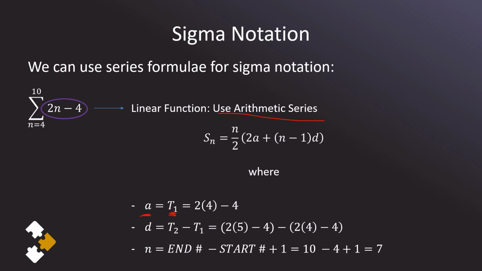You substitute 4 into the linear function. Then you find the common difference, and that is given by T2 - T1. So you have to sub in the next value to find what T2 is, then subtract the first term to find what d is. And remember, n is the end point.